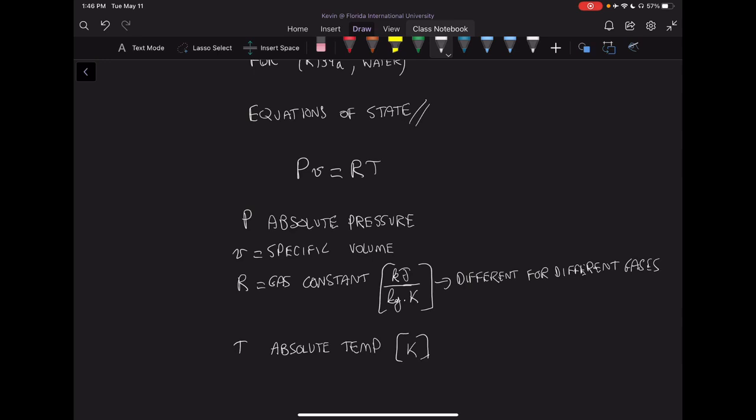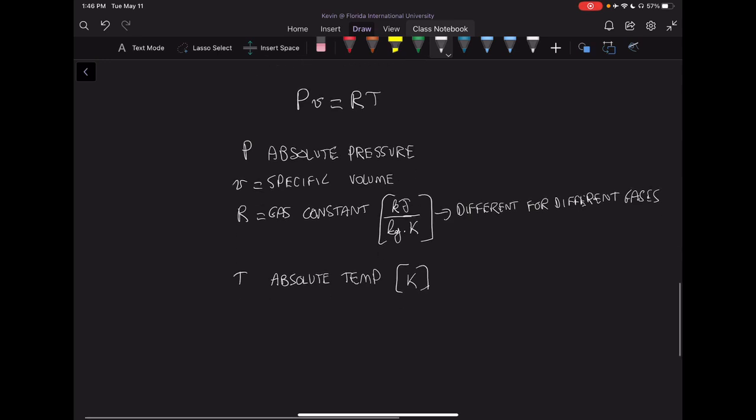Okay, this equation can also be written as PV is equal to mRT. Just by substituting for specific volume, you can have a capital V is equal to mRT. Okay, that's another way to write it.